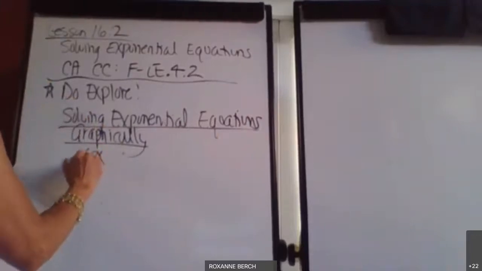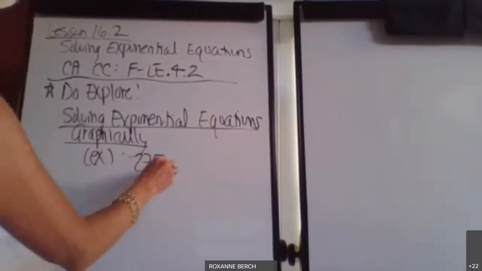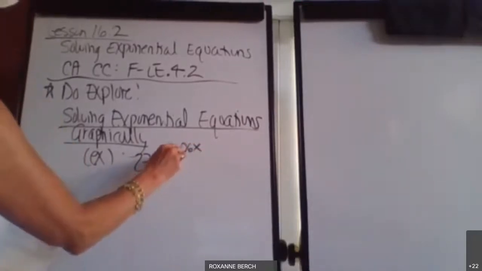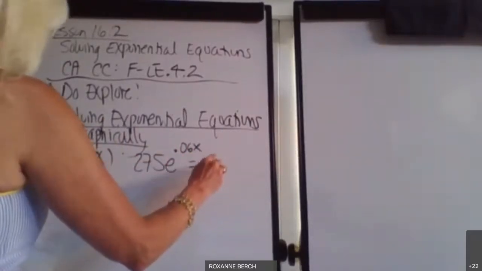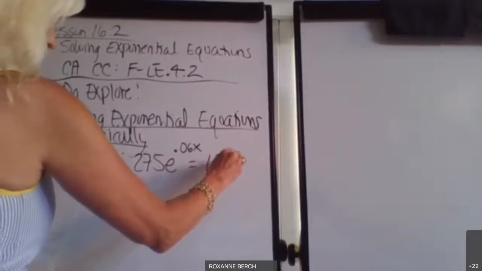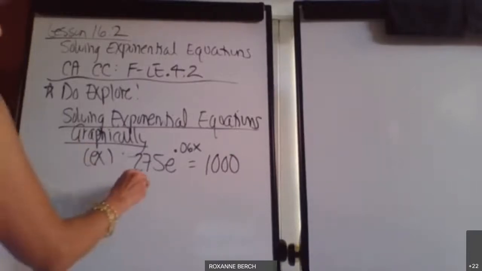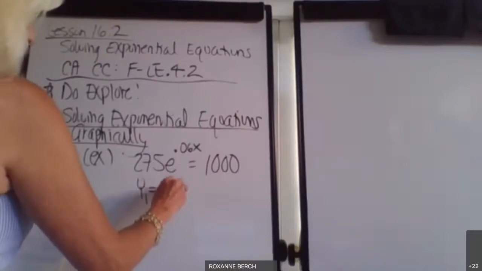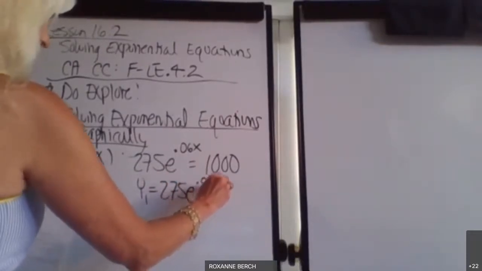So for example, if you had a nasty problem like 275e to the 0.06x equals 1000, right away you're thinking this is going to be hard to do by hand. And they're asking you to solve it. What you're going to do is under y sub 1 in the equation editor, you're going to put 275e to the 0.06x.